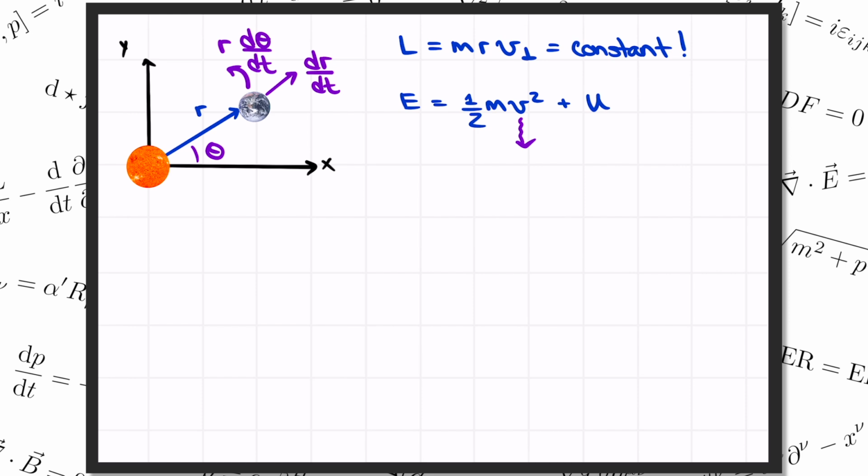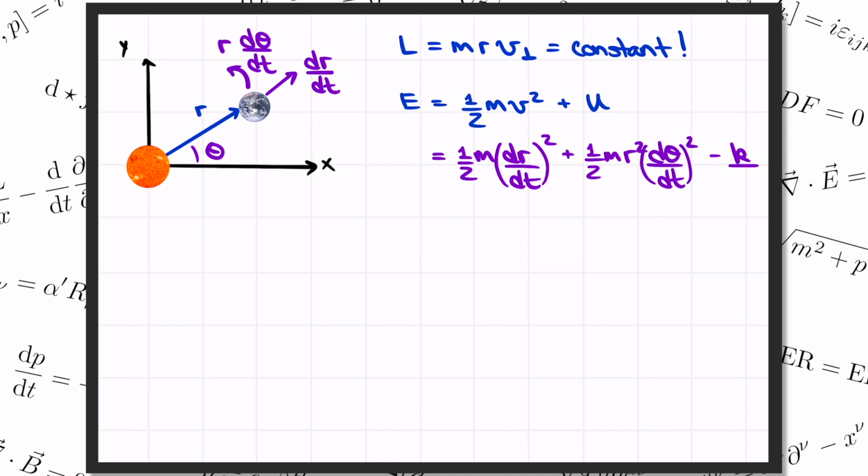And that's just the familiar formula v equals omega r from circular motion, where omega is the rate of change of theta. So plugging those back into the energy, we get 1/2 m times the radial speed squared plus 1/2 m times the angular speed squared plus the potential, which is minus k over r. Well, remember, we defined k equals big G, big M, little m for short.